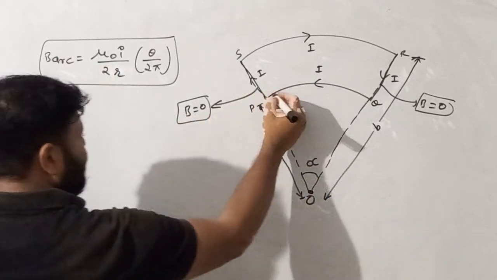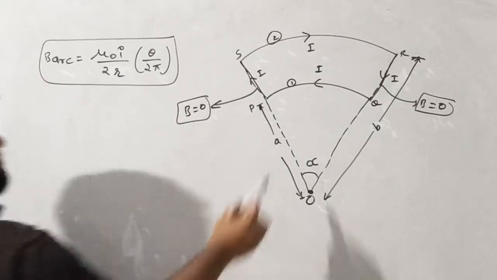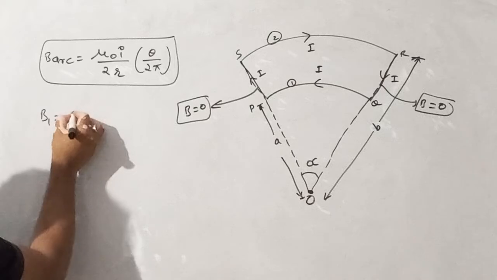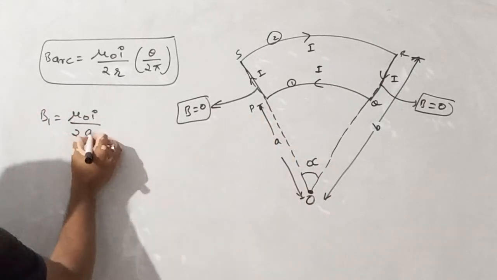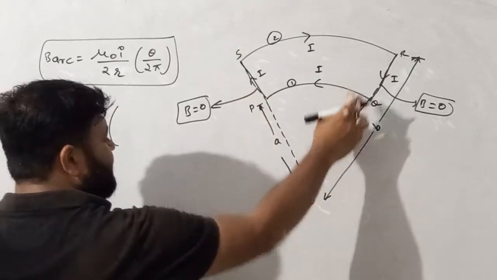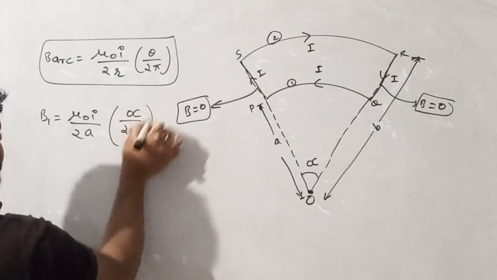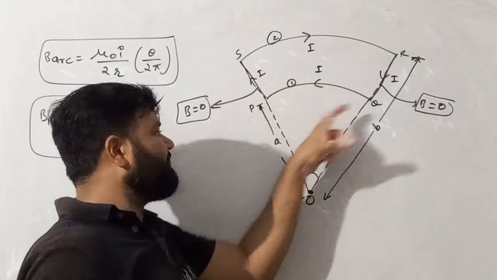I'm considering this arc to be first and this arc to be second. So the magnetic field due to this arc is B1. B1 becomes equal to mu naught I upon 2, the radius of this arc is A, theta means the angle subtended by the arc, it is alpha. So alpha by 2 pi. This is the value of the magnetic field due to this arc whose radius is A.